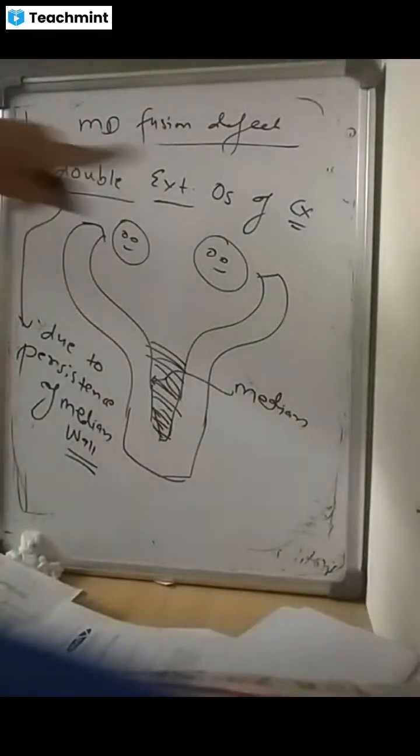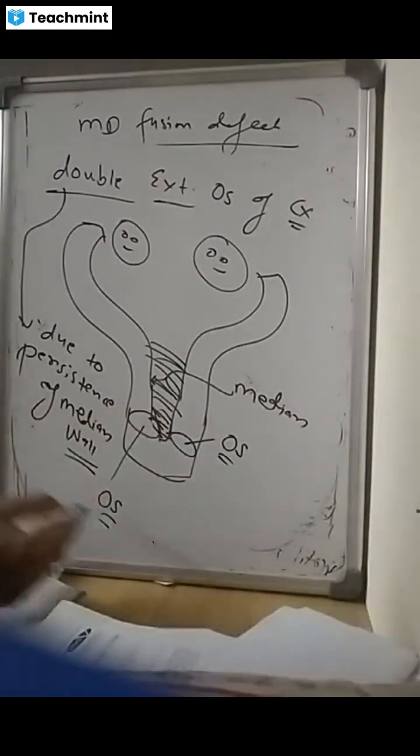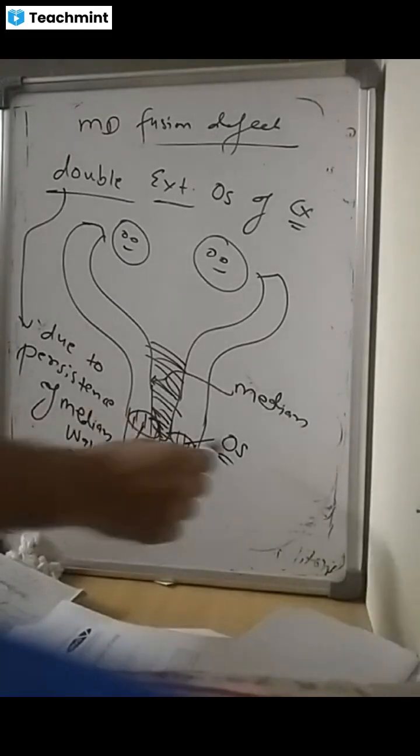That is double, with the os of the cervix. This is the normal fusion of the Mullerian duct.